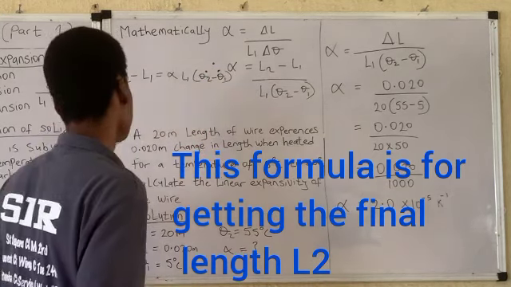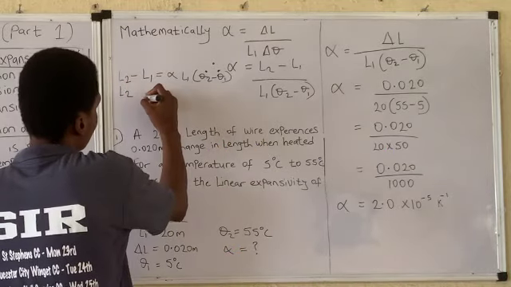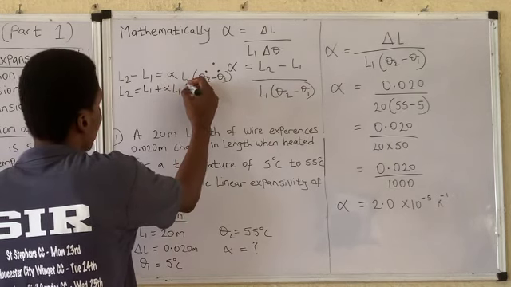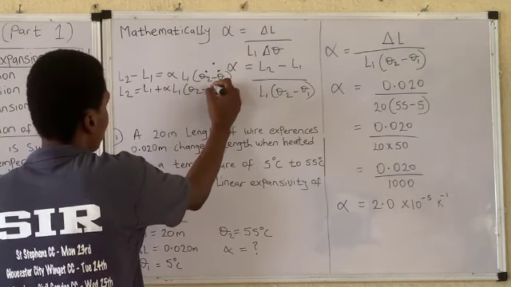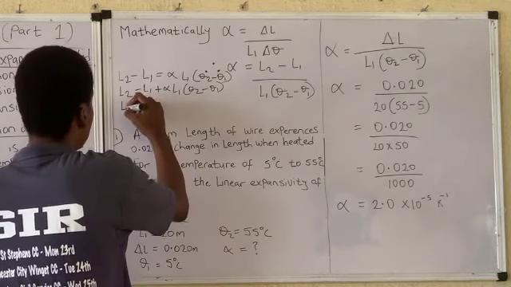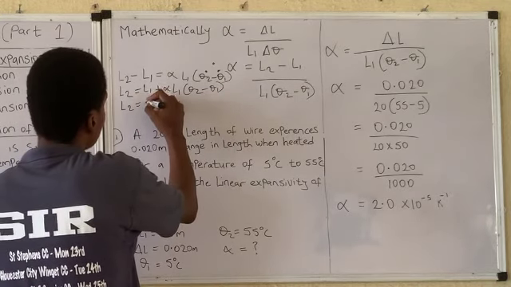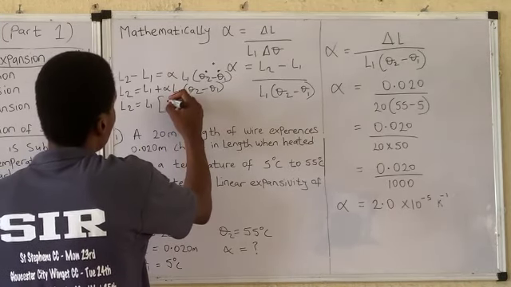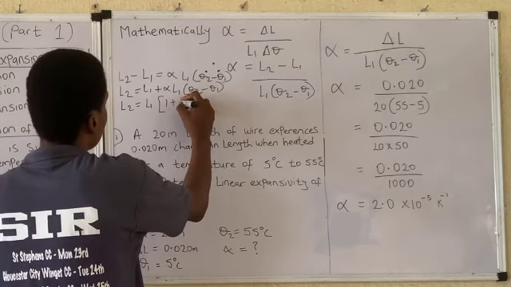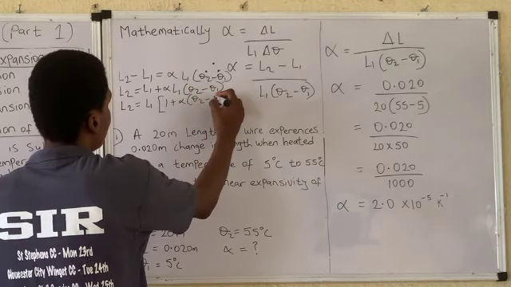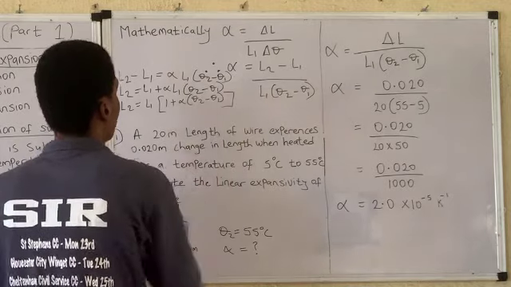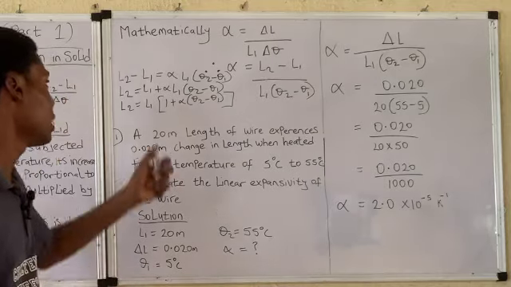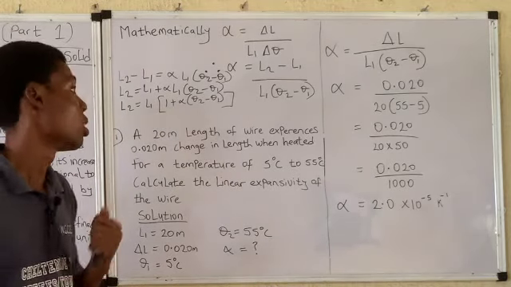We take L1 to the other side, so we have L2 equal to L1 plus alpha L1 theta 2 minus theta 1. So we have L2 equal to L1 in bracket 1 plus alpha theta 2 minus theta 1. This is the formula we derive to get the length of a solid.